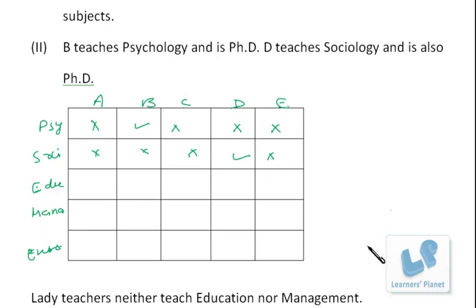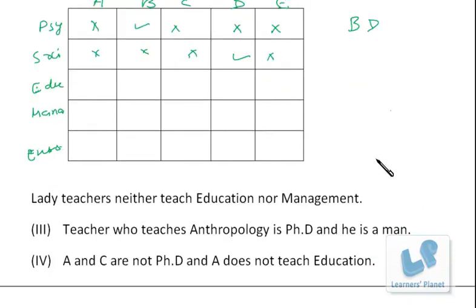Now just see carefully. B teaches psychology and is PhD, and D teaches sociology and is also PhD. That means B, D, and further we have one more piece of information over here. The teacher who teaches anthropology is PhD and he is a man. So one more person is there who is PhD, right?